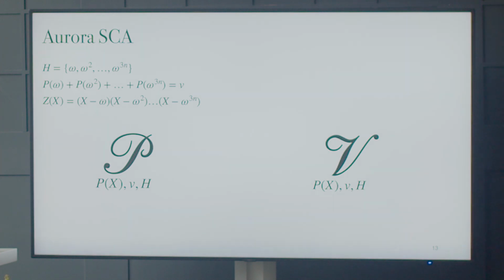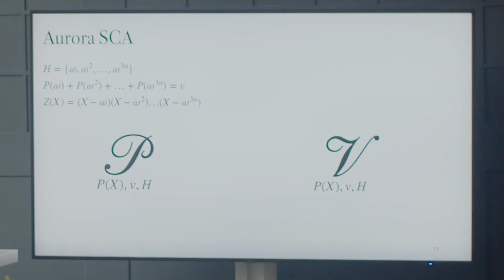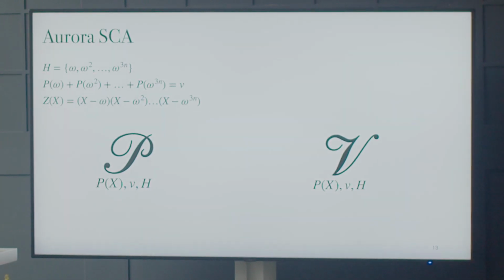One of the most used sum-check arguments is from Aurora. Before we continue, let me introduce polynomial z, which is a zeroing polynomial. I just realized that everybody should probably know what z at x is, because that was one of the questions required in the submission form for this conference.